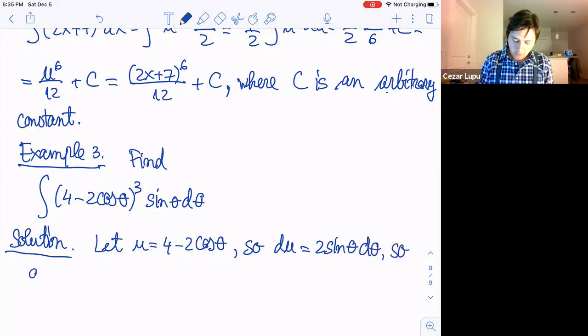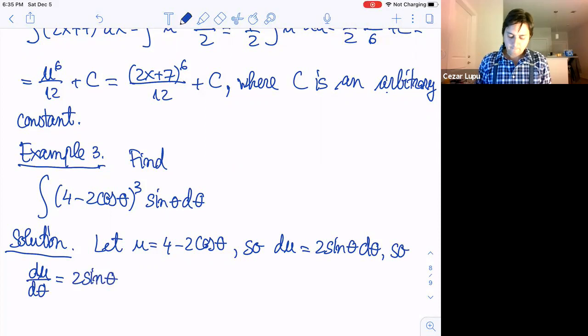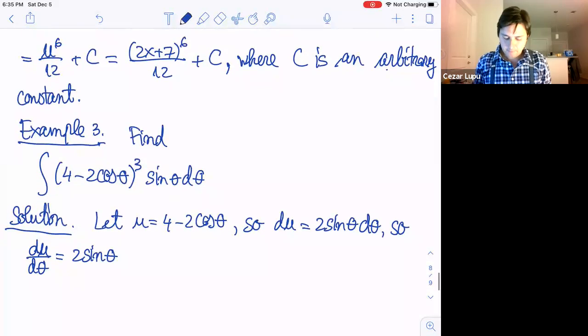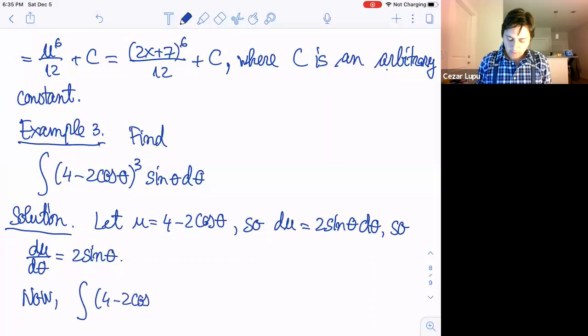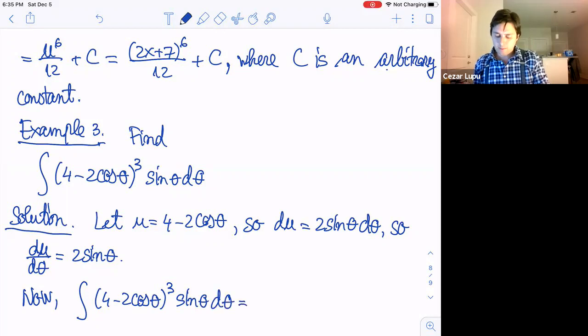So du over d theta is nothing else than just 2 sine of theta. Or if you want, now our integral, the integral of (4 minus 2 cosine of theta) cubed times sine of theta d theta is nothing else.